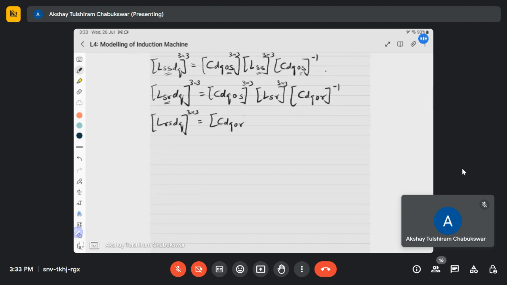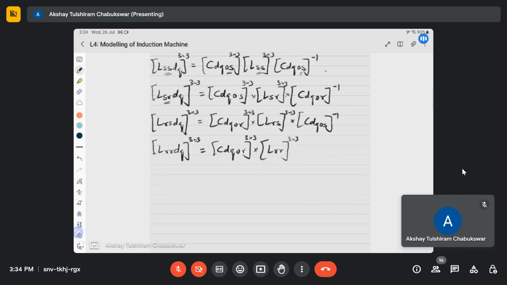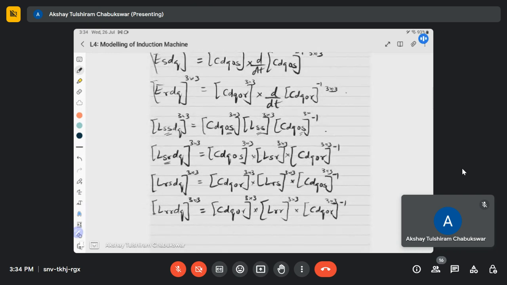C_dq0r, 3 cross 3, into L_RS, 3 cross 3, into C_dq0s inverse, all of these multiplied. And the last matrix which we need to find is L_RR dq, which is given as C_dq0r, 3 cross 3, into the original L_RR, which was in ABC, 3 cross 3, into C_dq0r inverse, 3 cross 3.